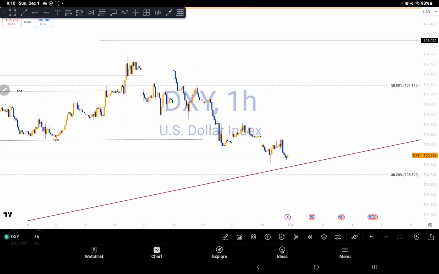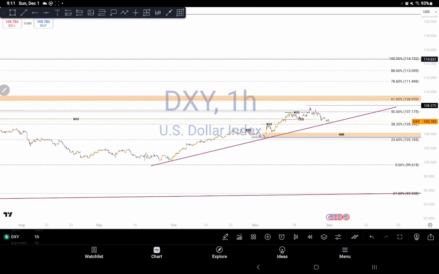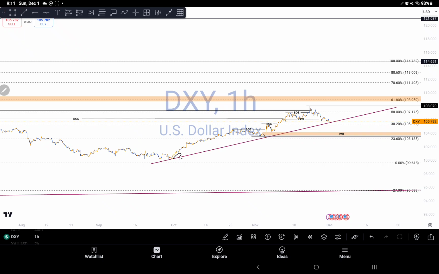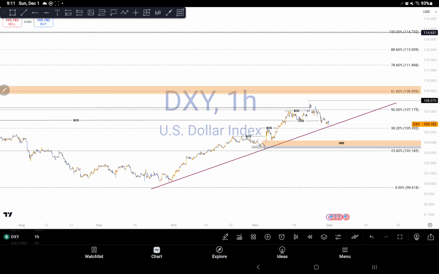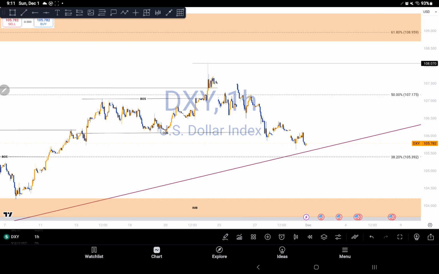Because we have to be mindful of the trend line. Like I said, there's this trend line right here, and if I zoom out a little bit, we can see that we've been bouncing around that trend line. So there is a possibility of it coming here for it to continue to push to the upside, right? But we just have to be patient to see how the market reacts around this 38.2% fib level area.